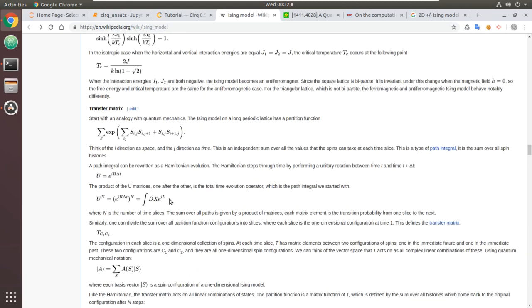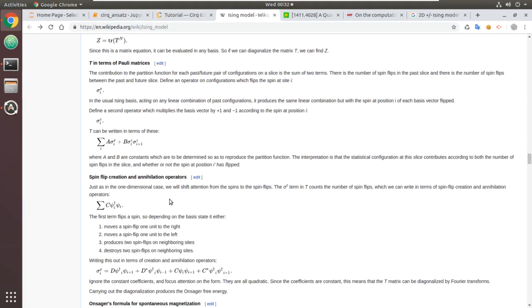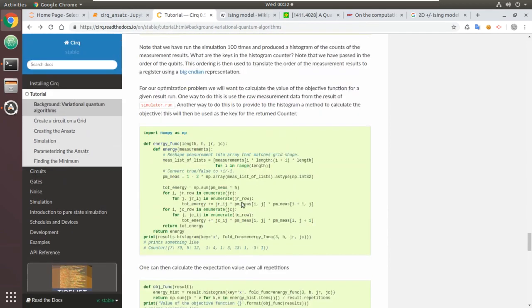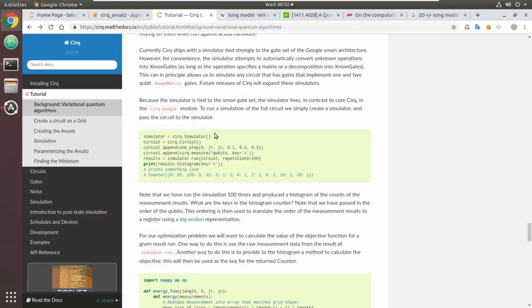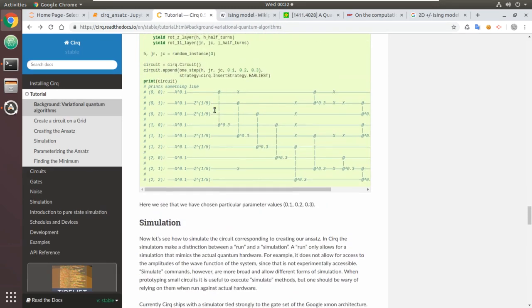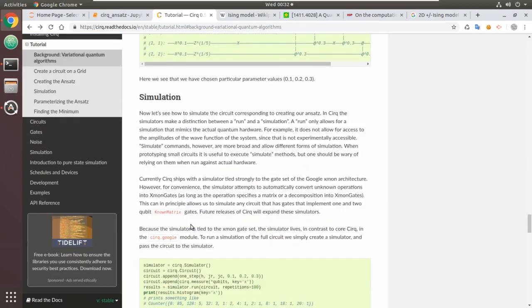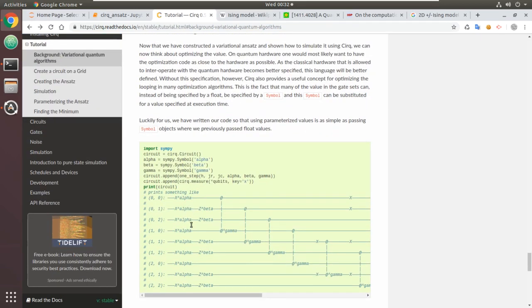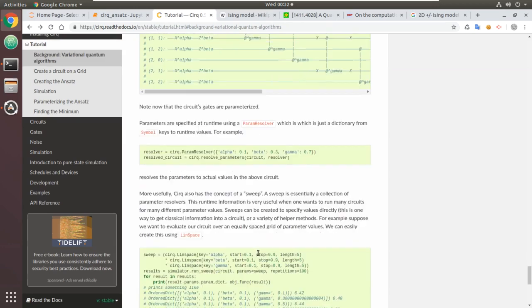That's what's interesting: how the parameterization happens. So this will probably take at least a couple more videos. I want to finish understanding how the problem is mapped and how the ansatz is built, and how the parameterization alpha, beta, gamma maps to the Hamiltonian.